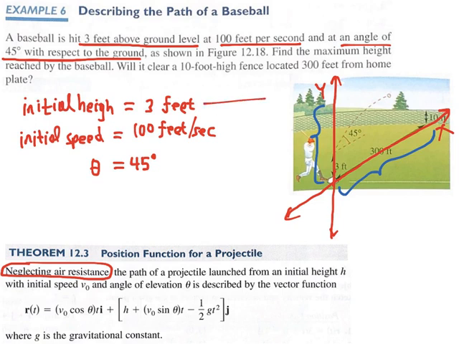And of course, since we're measuring height in feet, the value of the gravitational constant will be 32, and the units will be feet per second squared.